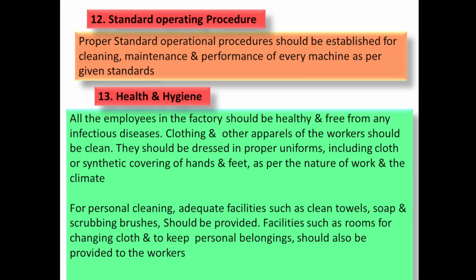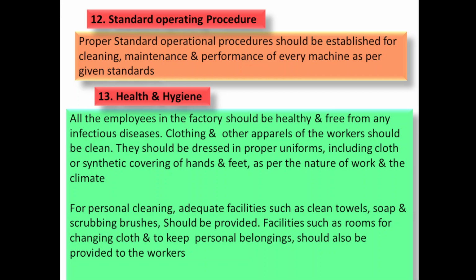They should be dressed in proper uniform, including cloth or synthetic covering of hands, feet, as per the nature of work and the climate. Whatever uniforms are required, sterilized uniforms are used while entering into the sterile manufacturing unit.